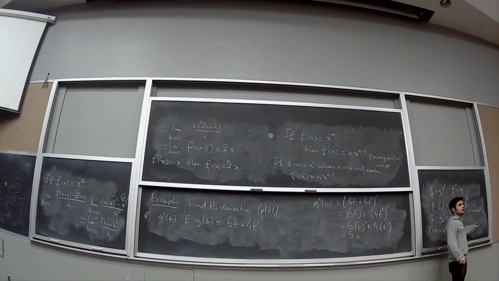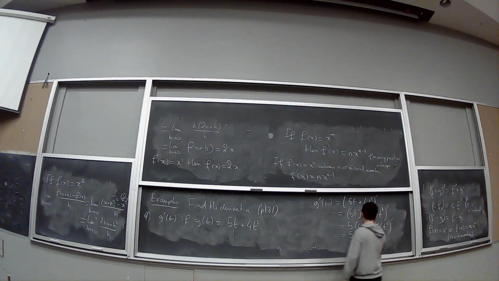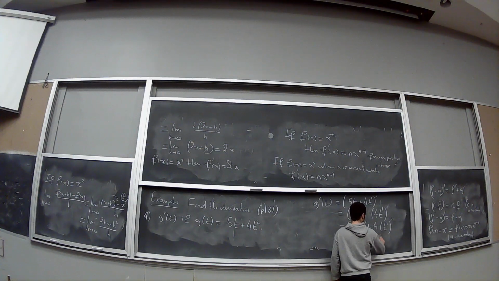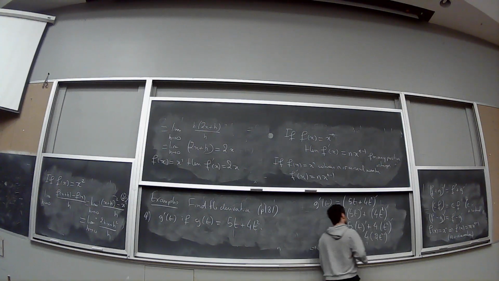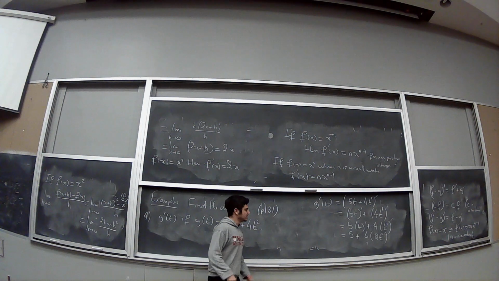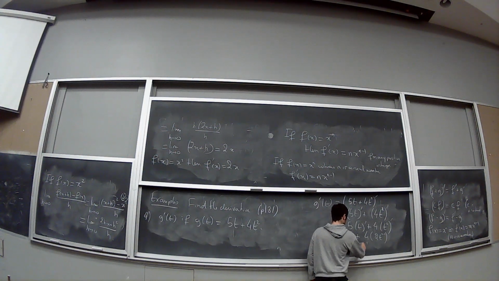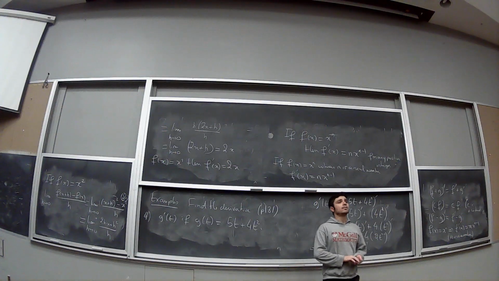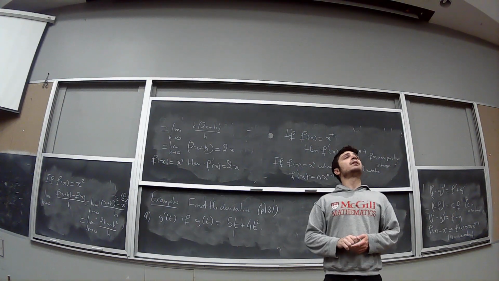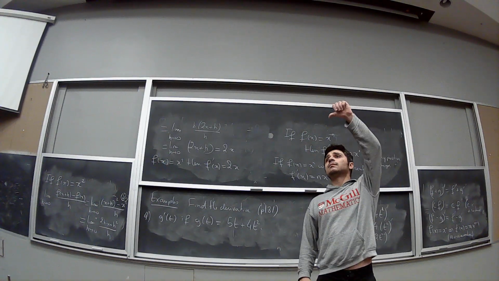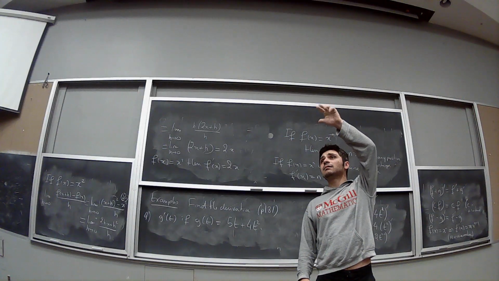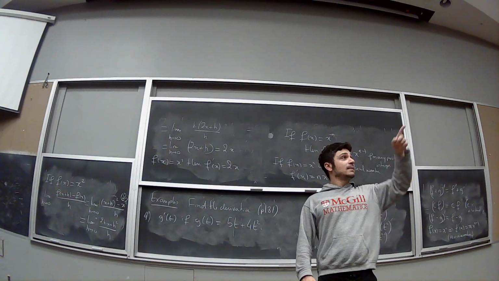So you have 2 times x to the 1. So let's do it this way. And so what do you get? You get 5 plus 8t. Okay? Are we good? Everybody? Yeah? Yep.